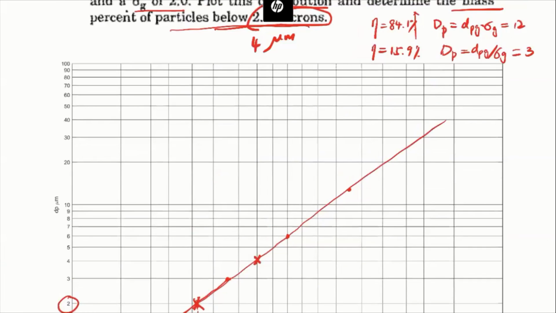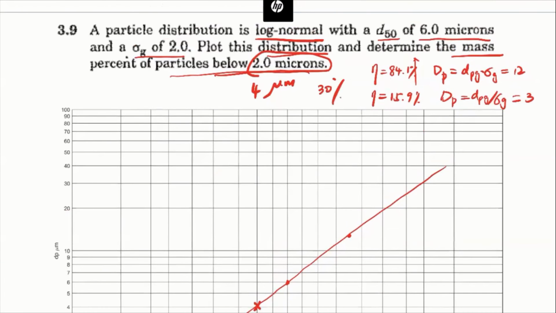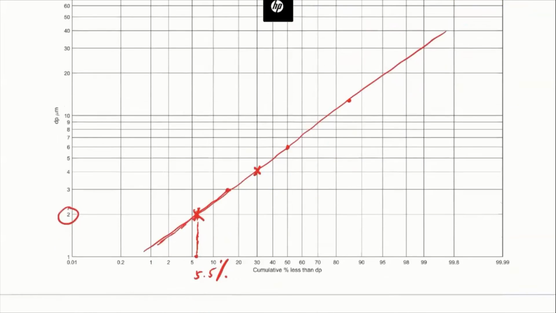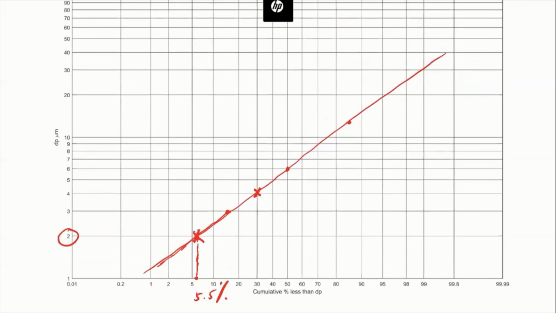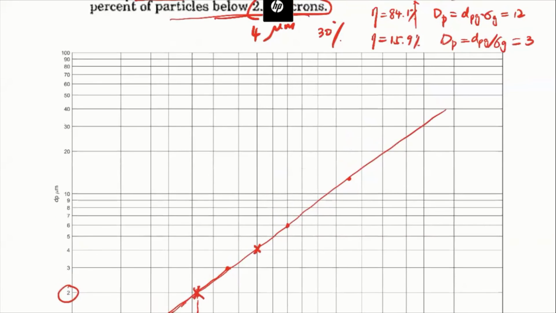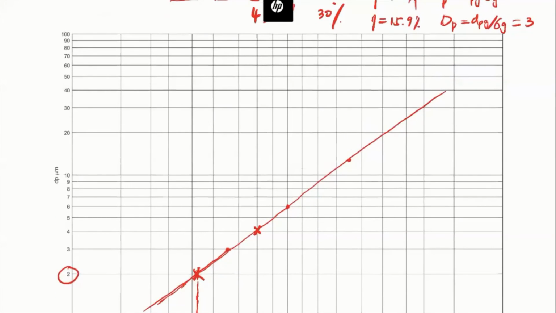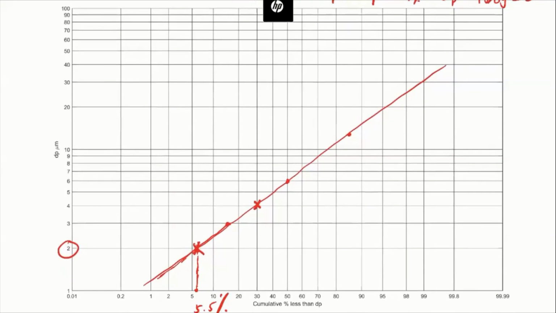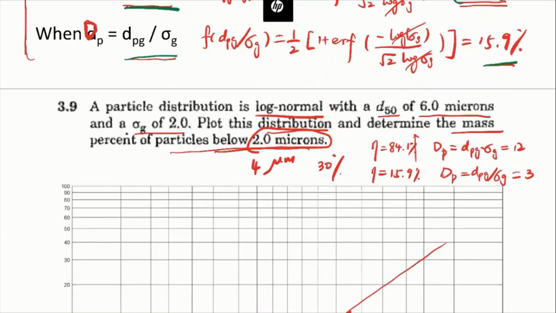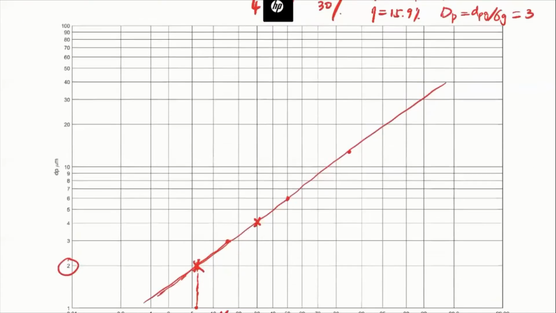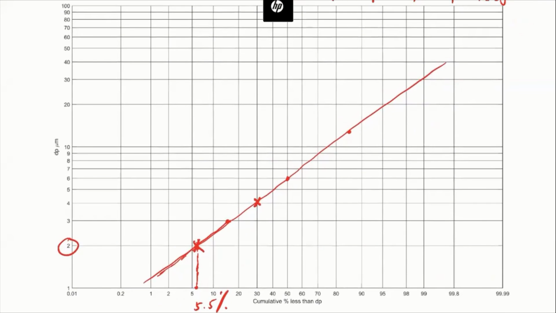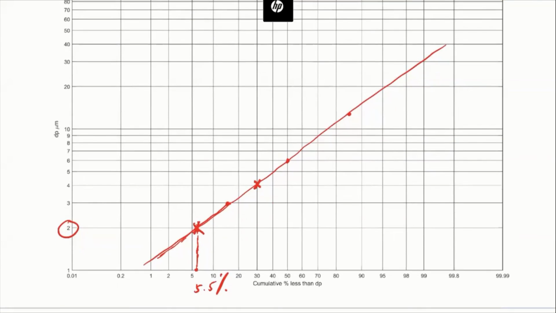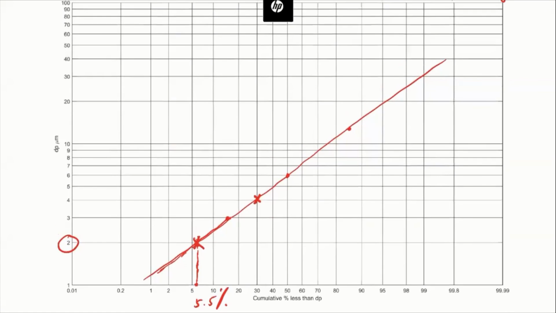That's around 30%. I hope this is clear enough. You also get a few practices in your homework problems. Let's try to get familiarized with this semi-log plot. It's going to be very helpful when we look for size distributions. Let me know if you have any questions or if you are not clear on anything.